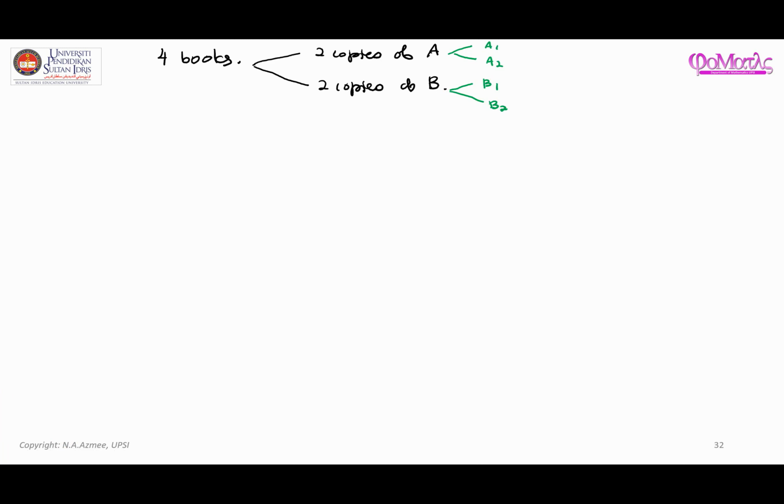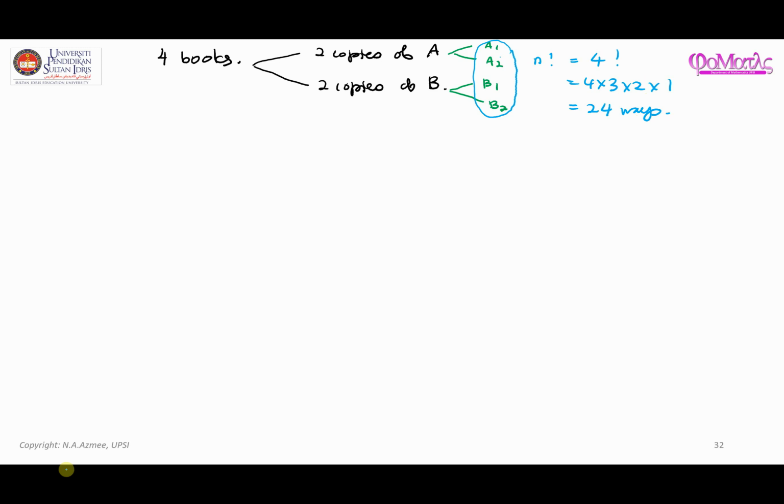Now let us try to rearrange those books. We have learned that if you have 4 distinctive objects, then the number of ways to arrange them is n factorial, and in this case it is 4 factorial, which is 4 times 3 times 2 times 1, so about 24 ways of arranging them, and we can come up with that arrangement pretty easily.